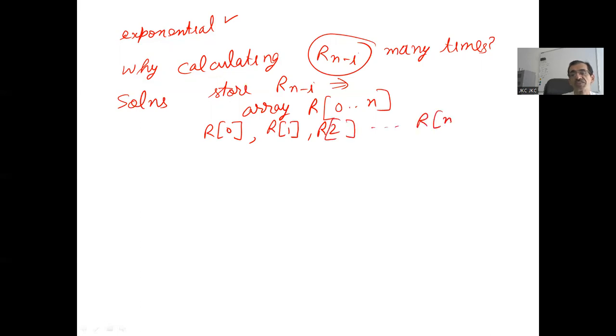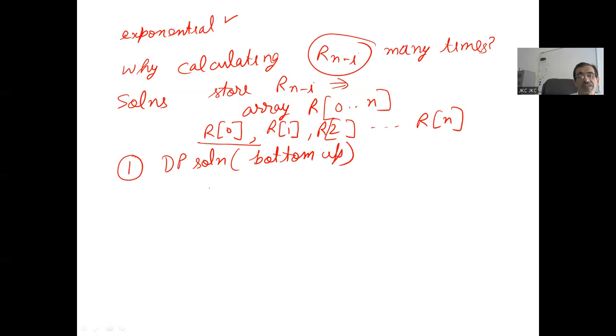Ultimately, each of these I will store so that recalculation is not done. How to store? How to get these values? So effectively, what I need is a DP solution, which is ultimately called a bottom-up solution. Why bottom-up? We will understand. But there is another solution, which we call a memoized solution.